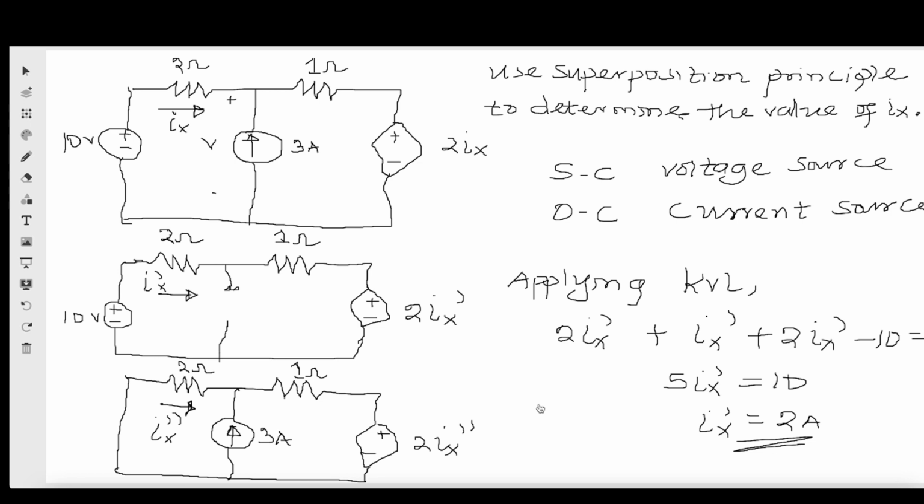So look at this. What do we need to do here? We have 2 ohms on the other side, which is parallel to the 3 ampere current source, and parallel to the combination of the 1 ohm resistor and the 2 Ix voltage source.